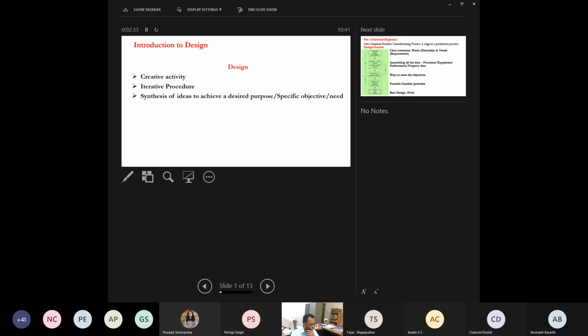So to achieve this specific purpose or specific objective, we have to identify, or we have to synthesize, the ideas to achieve this. We have to list out the ideas for the desired objective.